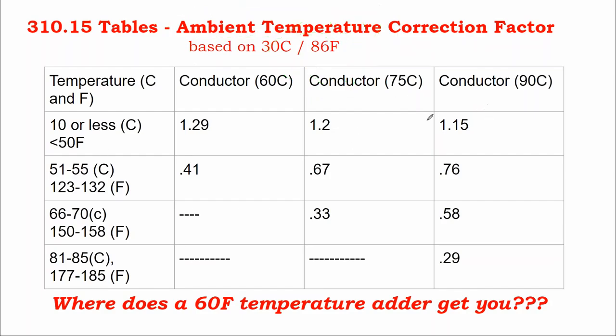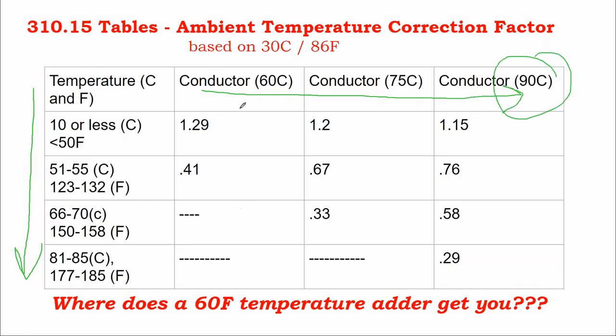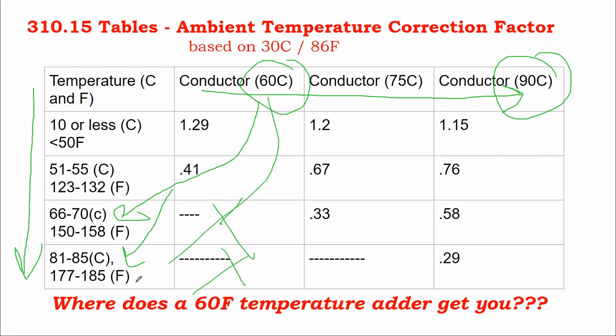The hotter the temperature you go, you need to start having higher temperature rated conductors, to the point where lower temperature rated conductors, when they begin to exceed their temperature rating, code is saying that a 60 degrees Celsius cable cannot go in an 80 degrees Celsius environment.